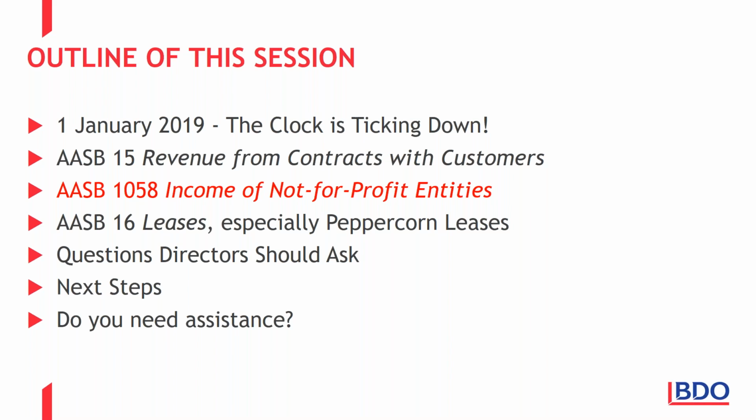And we've got overall questions as well as questions specifically focused on AASB 15, AASB 1058, AASB 16. We talk about next steps, what you should be doing now before we get to 1 July 2019, the date of implementation for most of our not-for-profit clients.